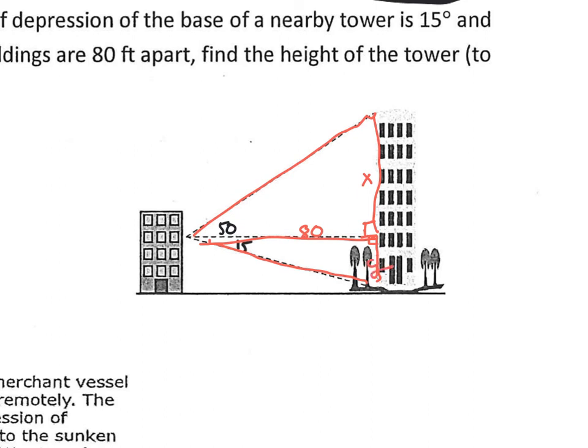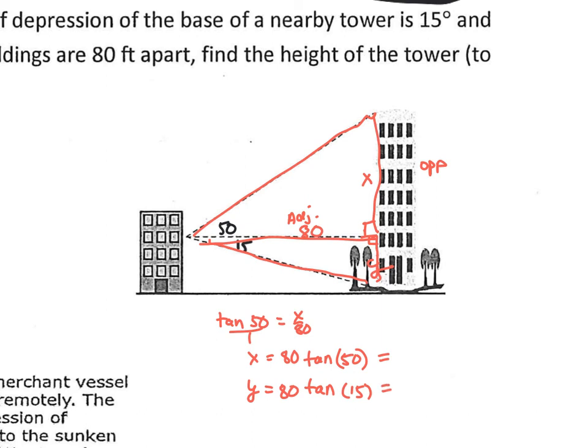Okay? So setting this up, this will set up as tangent, because we'll have opposite and adjacent. So we'll have tangent of 50 is x over 80. So cross multiply, we'll get x is 80 tan 50. And then y will be, cross multiplying, exact same calculation, 80 tan 15.